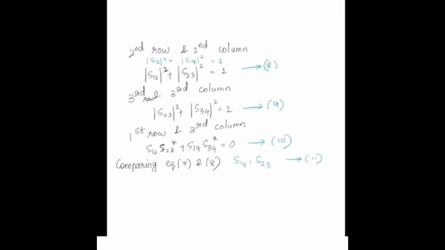Similarly, if equations 8 and 9 are compared, equation 8 is S12 square plus S23 square and equation 9 is S23 square plus S34 square. So S23 is common, which means S12 and S34 should be the same. So it can be written as S14 is equal to S23.